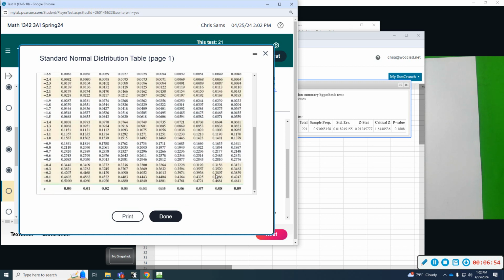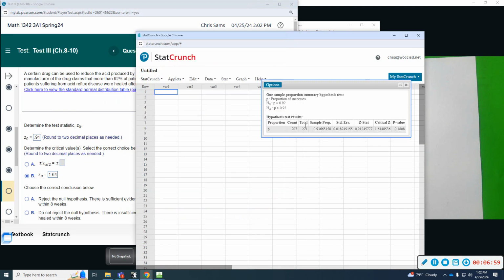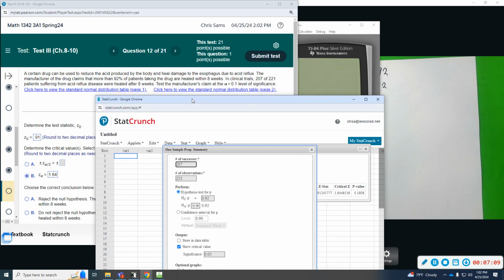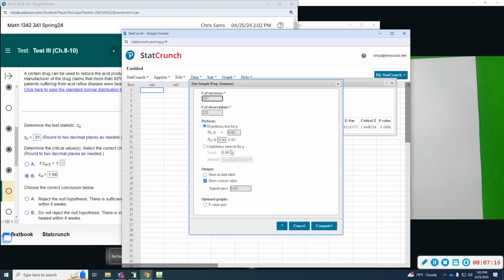And what are we getting? Let's see. Make sure we got all this right. 207, 221, 92%, alpha 0.1. So that means level of confidence is 90. That's the confidence interval for P. So hypothesis test, critical value, level of significance.